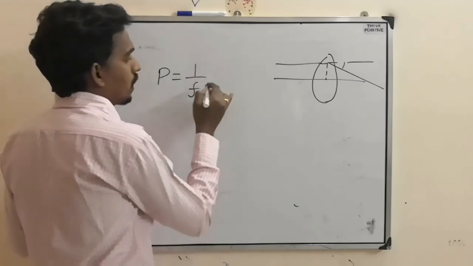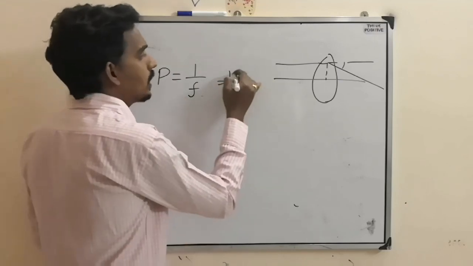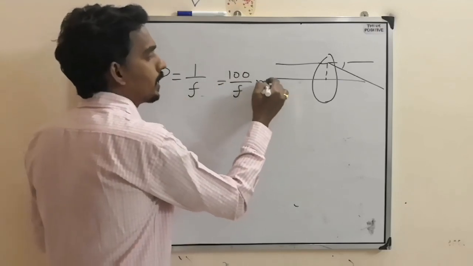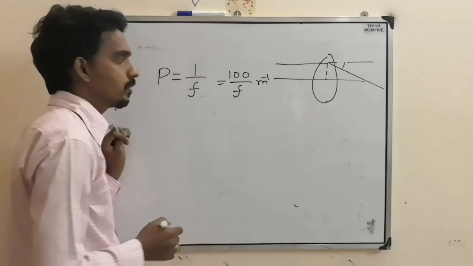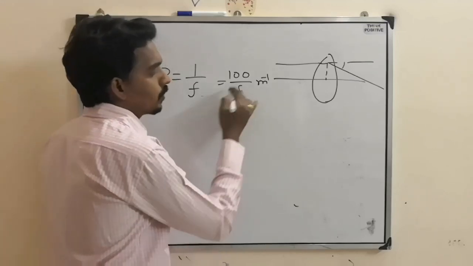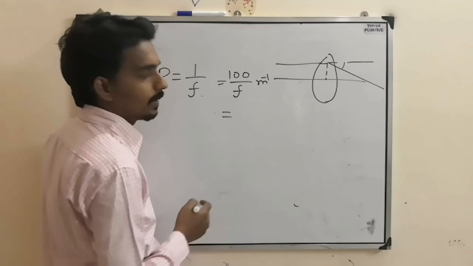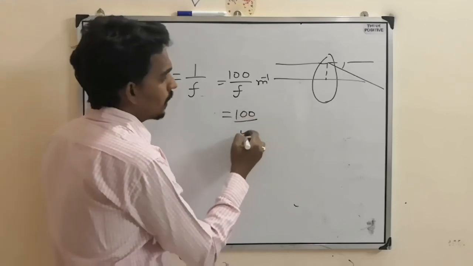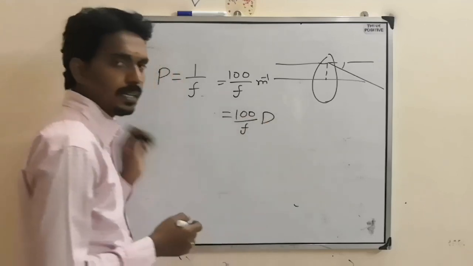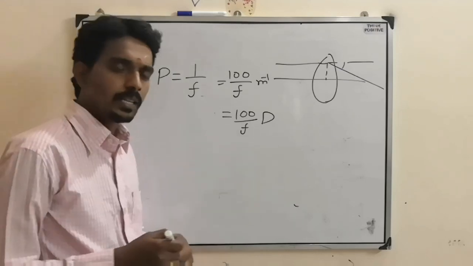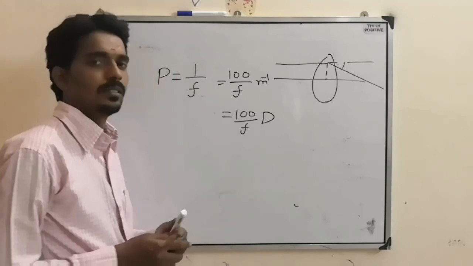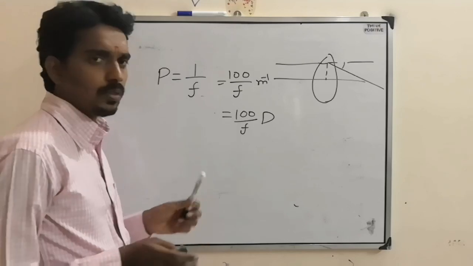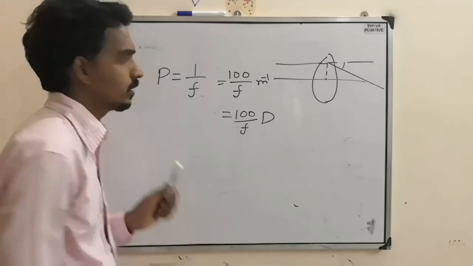That power formula is 1 by f, or 100 by f per meter. In terms of meter always we calculate, so f you can take in centimeter directly. This 100 by f per meter is nothing but the diopter. So f you can directly substitute in centimeter. This way you can find the power of a lens.